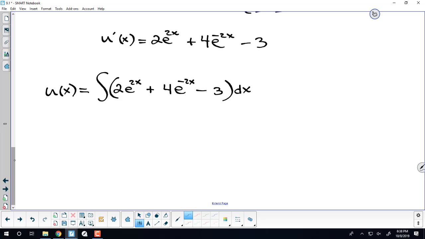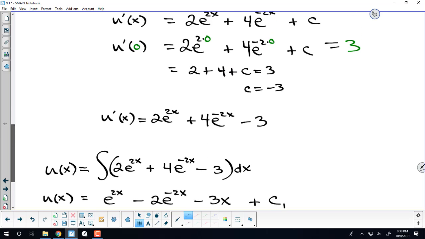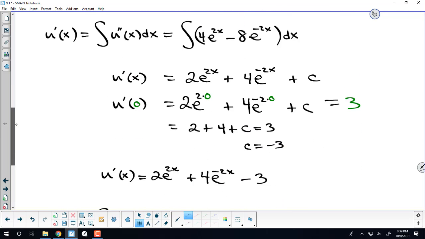So u of x, the antiderivative of u prime, gives us e to the 2x minus 2e to the negative 2x minus 3x plus another constant. And let's call that constant c1 since we called the one above it c, just to be technical. And that's u of x. So again, the second initial condition comes in to solve for c1. u of 0 equals 1.